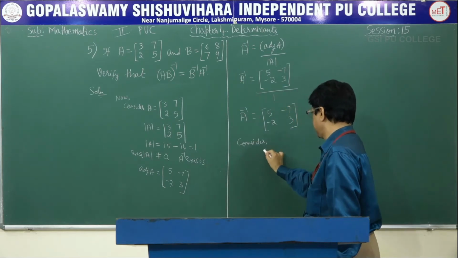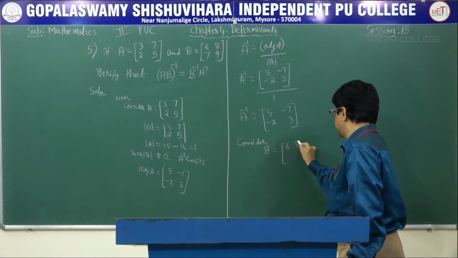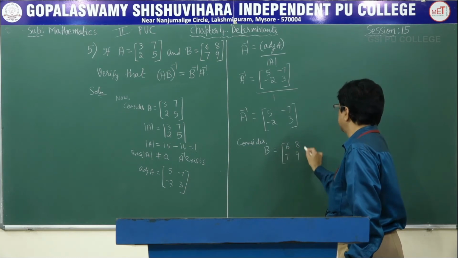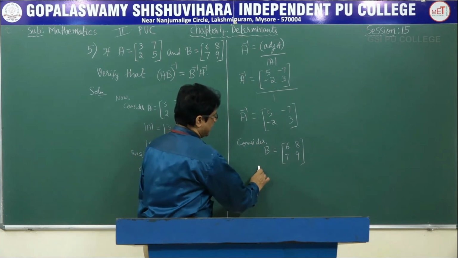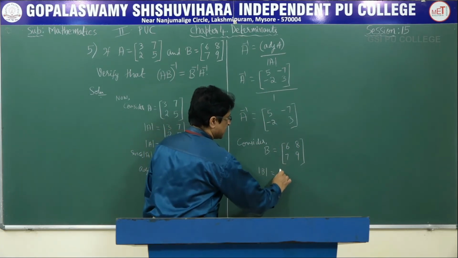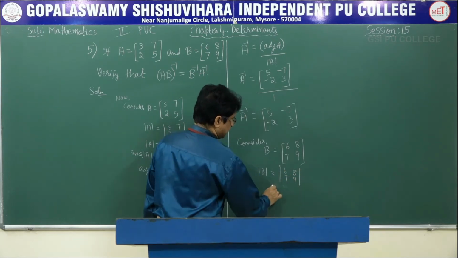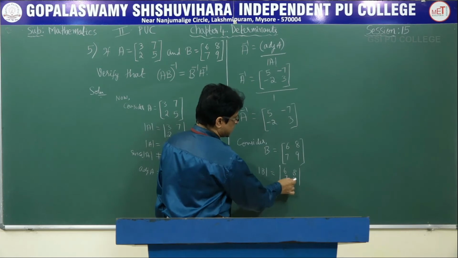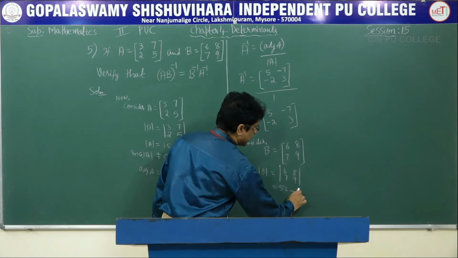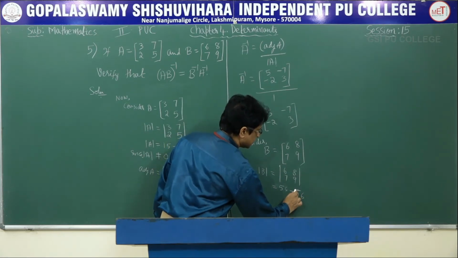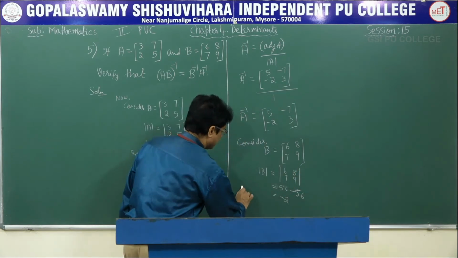Consider B equals 6, 8, 7, 9. So let us find determinant B. Determinant of 6, 8, 7, 9 will be equal to 6 9s are 54 minus 7 8s are 56. That will be equal to minus 2.